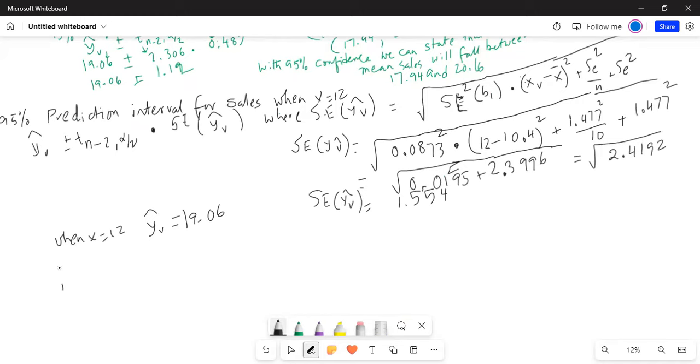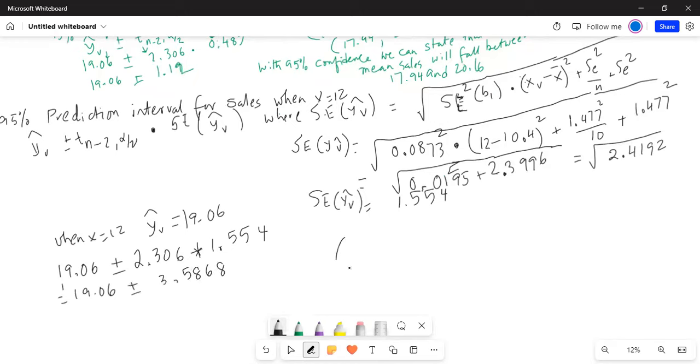So this is 19.06 plus minus t, which we already found is 2.306, multiplied by this whole thing, 1.554. This is equal to 19.06 plus minus 3.5868.